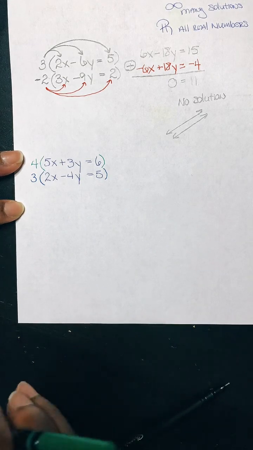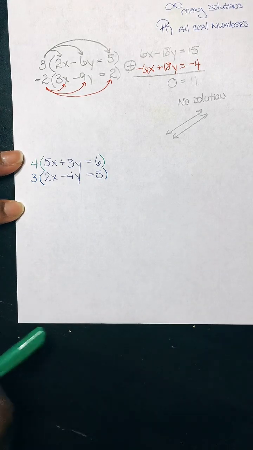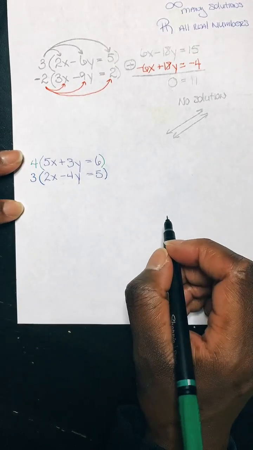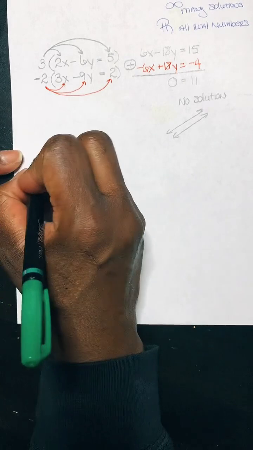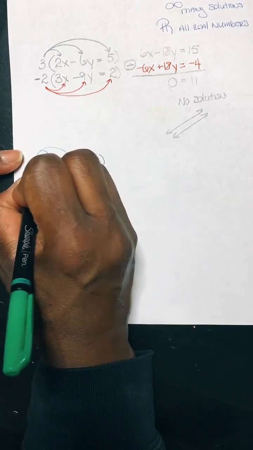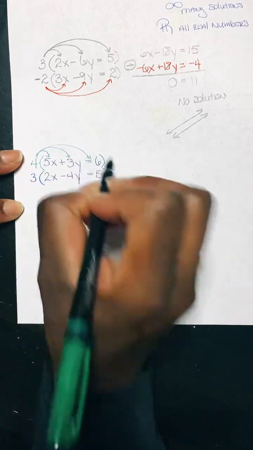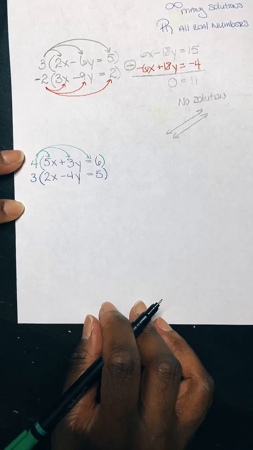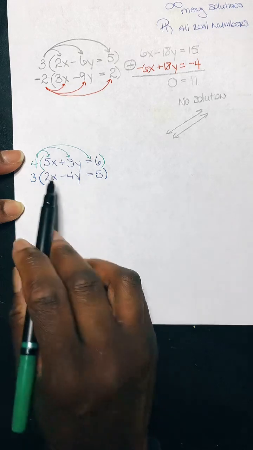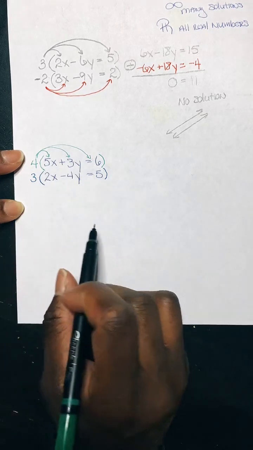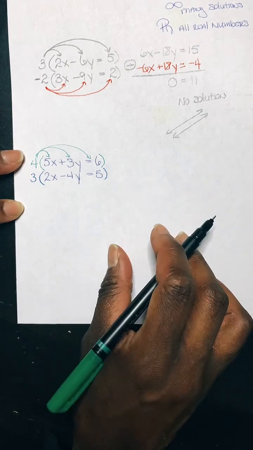Yep, this is the elimination method. Yes, we're doing that, Kenzie. All right, so let's distribute. You can cancel out the x's or you can cancel out the y's. You get to pick.